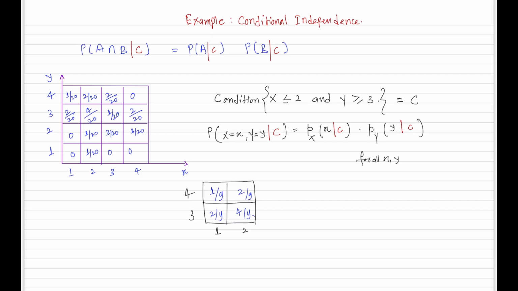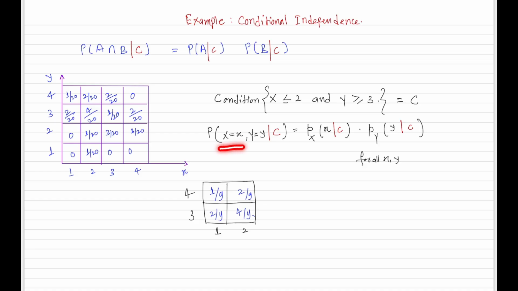Second point is that the part that it was taking in the original universe, the same part it will be taking in the conditional universe. But keeping in mind that this has to be a legitimate probability or PMF, the sum has to be 1. So you will have to scale accordingly.